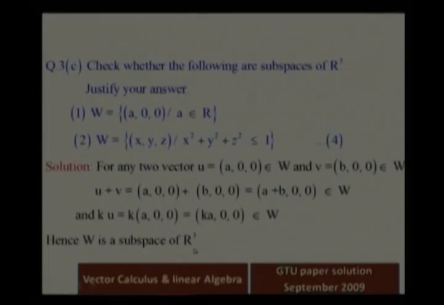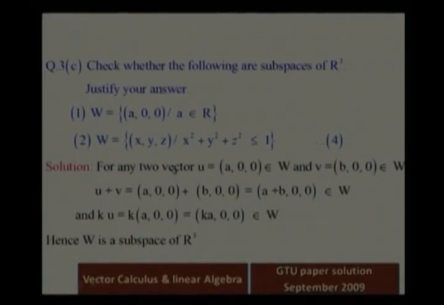You can see that both conditions are satisfied: the addition of two vectors is also in the set and the scalar multiplication is also in the set. So W is a subspace of R3.